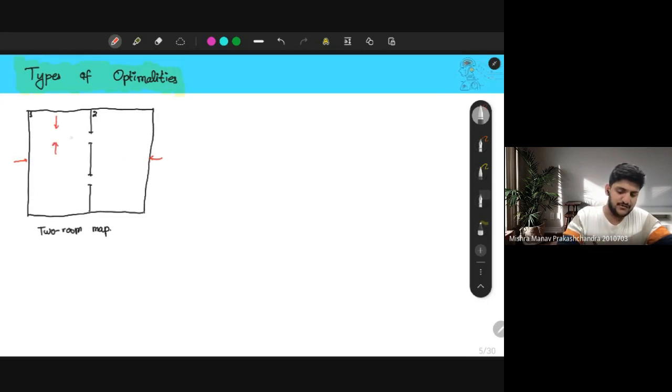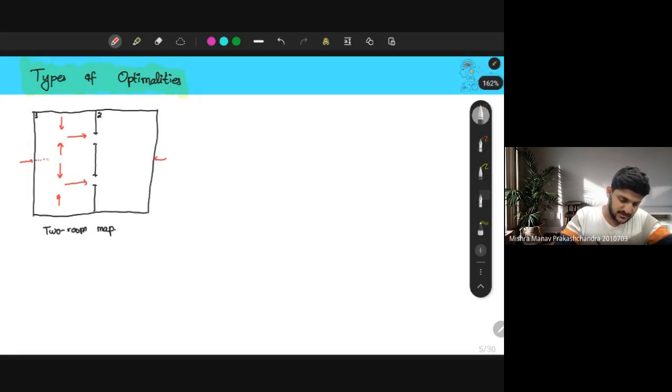Here I always move down, and here I move towards the door. If I am initialized here, I move here, then this side, then this side, and then I reach the goal. So this is a small partition you can think of, beyond which the policy flips or changes drastically.